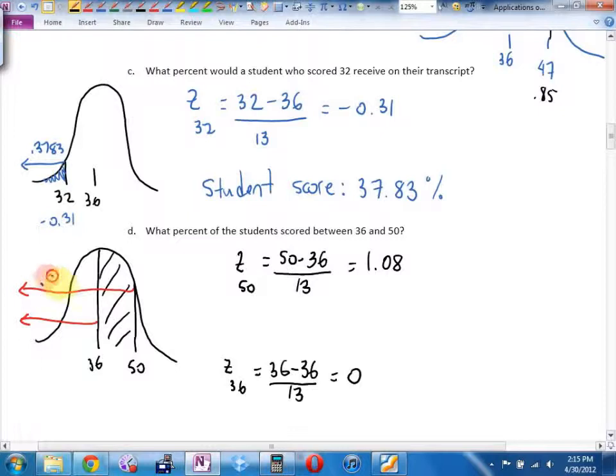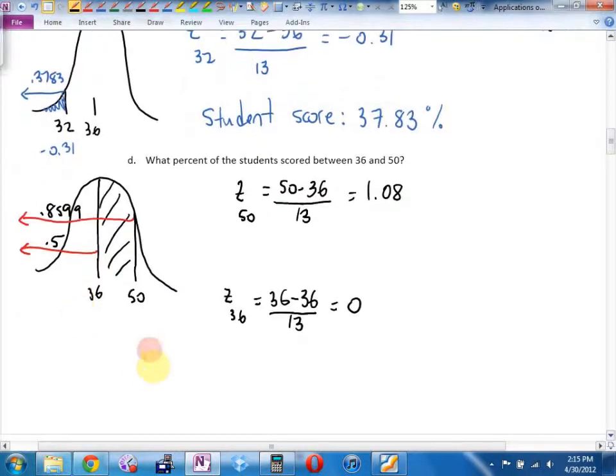So 0.8599. By the way, without using your table, what's the area to the left of 36, to the left of a Z-score of 0? It's got to be 0.5. It's half of it. I could look it up and it's on there. What's the area between them?